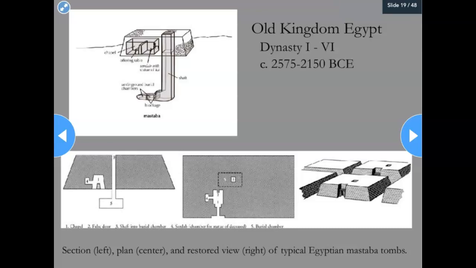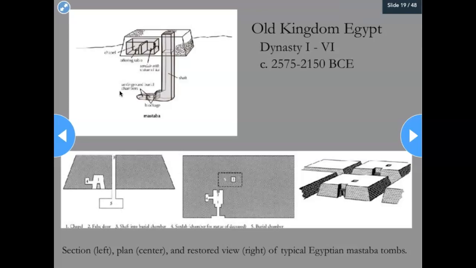And so we start with something called a mastaba, the mastaba tombs. The word mastaba means bench, typically. It was a brick or a stone structure with sloping sides that became the standard type of tomb for eminent Egyptians in the pre-dynastic and early dynastic periods.